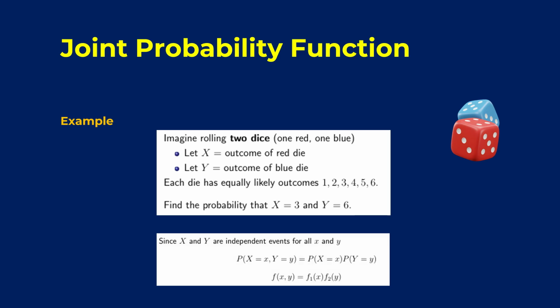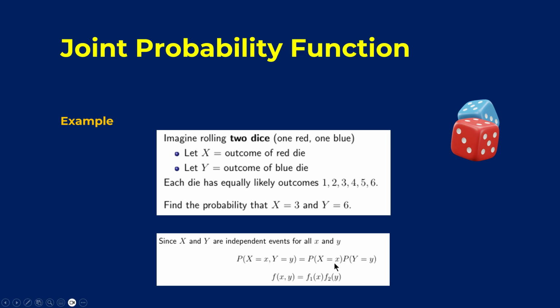Since x and y are independent events, and we know from the definition of independent events that knowing one does not give any information about the other, the joint probability of x and y is equal to the product of the probability of x and the probability of y.